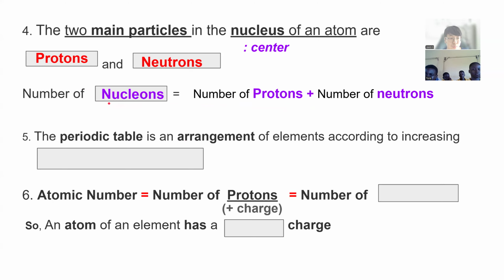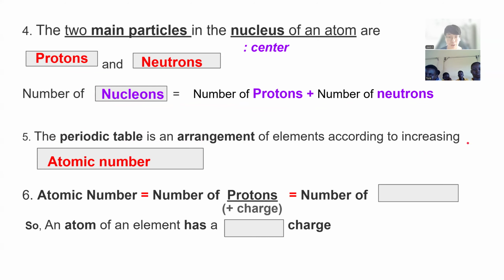So nucleons are protons and neutrons combined. It's the number of particles in the nucleus. They're called nucleons.